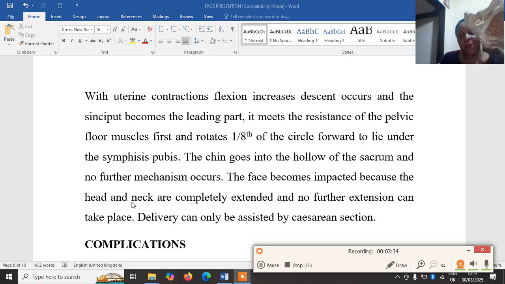So what happens? The face becomes impacted because the head and the neck are completely extended and no further extension can take place.